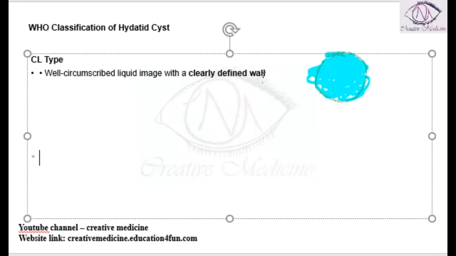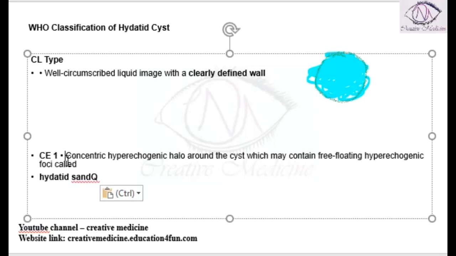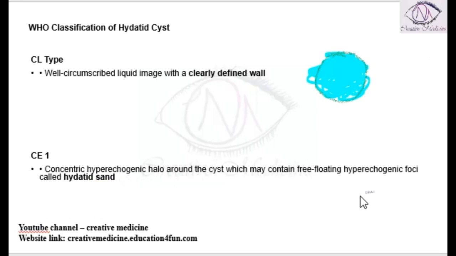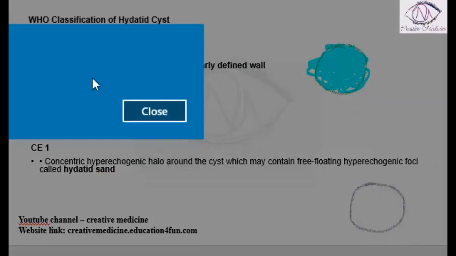CL1 is a well defined cyst with a liquid image and a clearly defined wall. Then we have CE1. In CE1, a concentric hyperechoic halo is seen around the cyst.